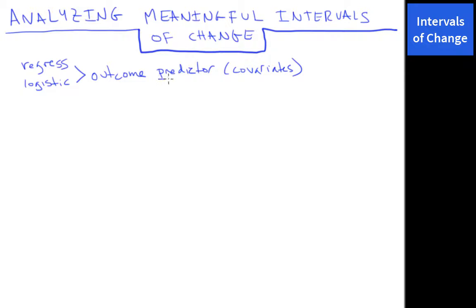When you look at the predictor variable, what you're actually looking at is the impact of a 1 unit difference in the predictor on the outcome, either with regards to linear change or with regards to the odds of a dichotomous outcome.